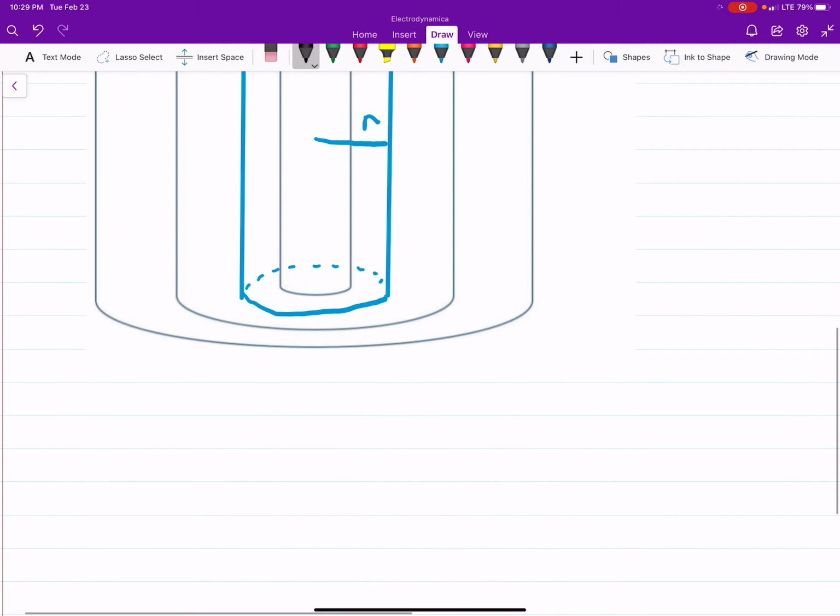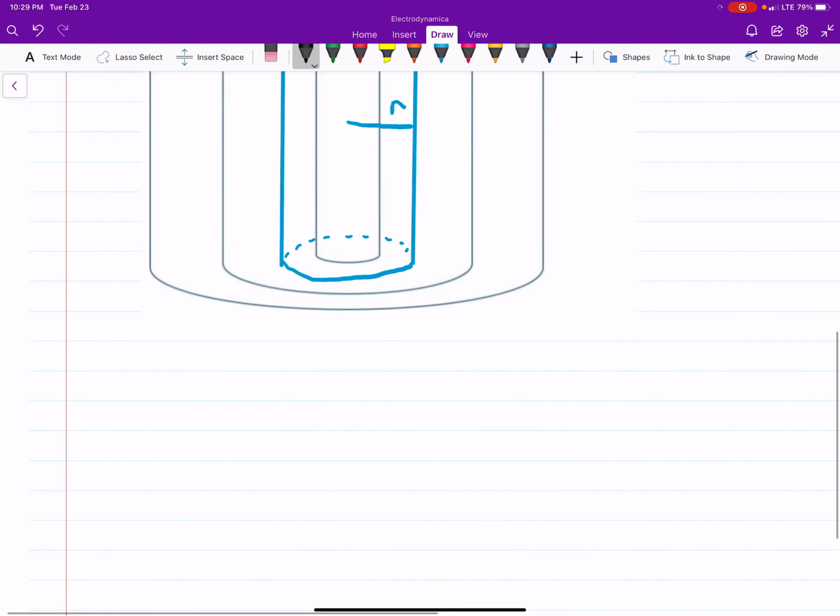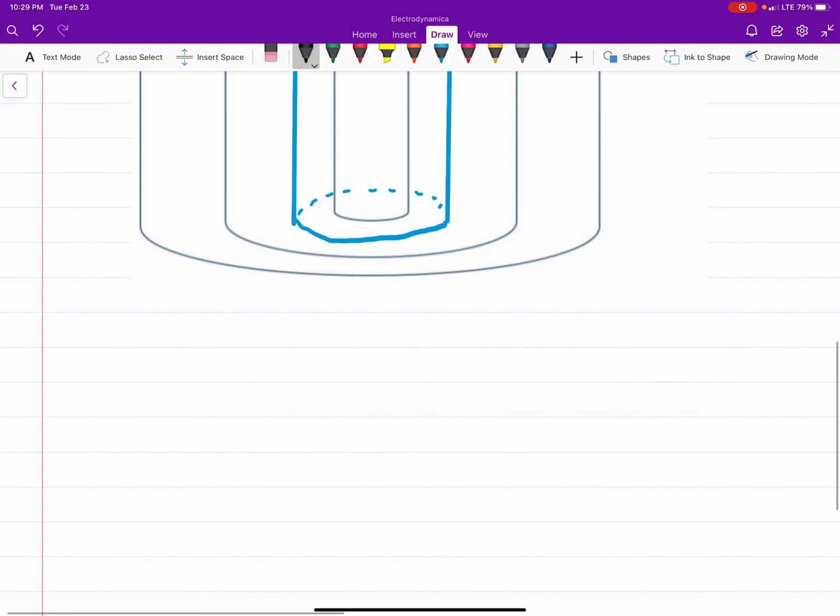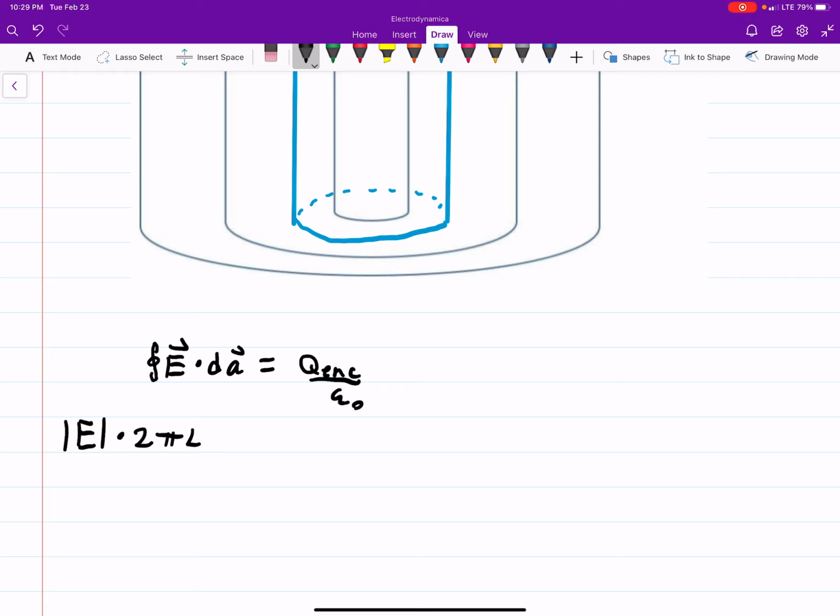We can use Gauss's law to get the E field pretty easily here because of the symmetry. Gauss's law says the closed surface integral of our electric field dotted with dA is equal to our enclosed charge over epsilon naught. The integral on the left-hand side, we've done this before. It's going to be the magnitude of E times our dA, which is 2 pi L r.